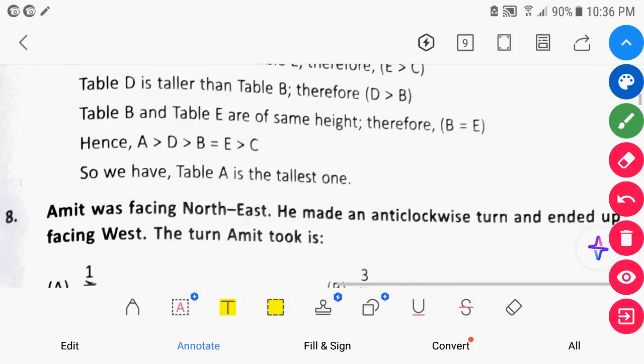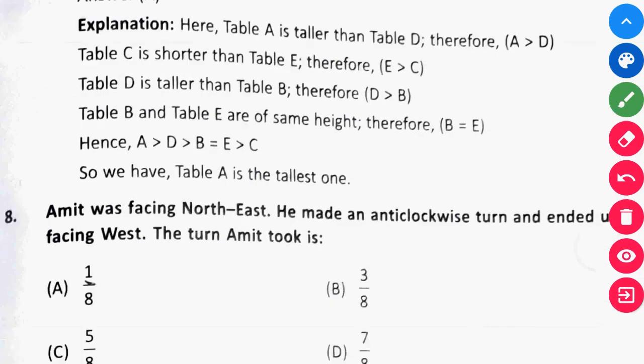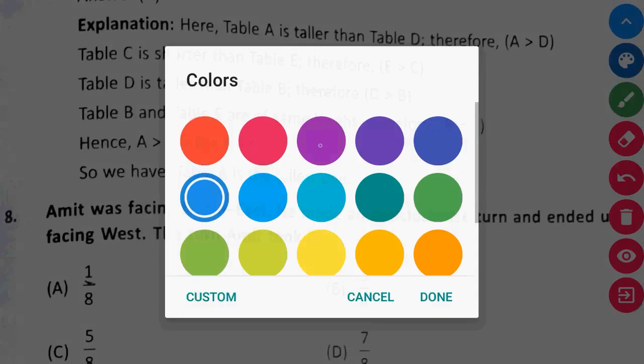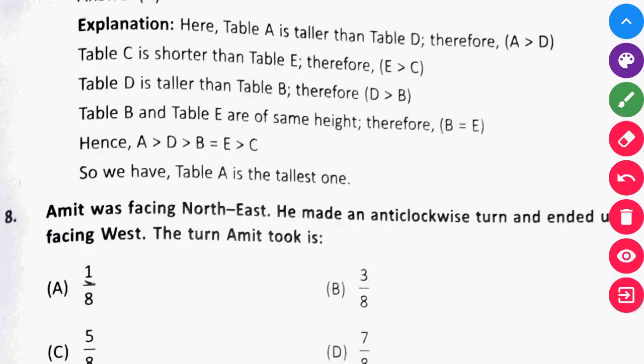Now direction, based on the direction the problem has come. Now see, this is also very important. Okay. Now see, we just draw the direction chart.